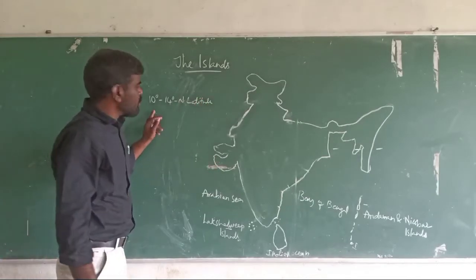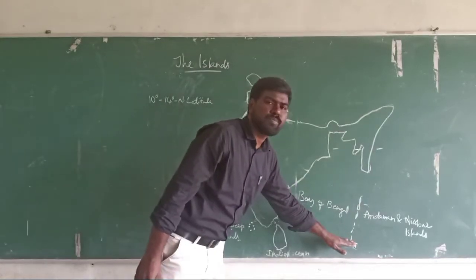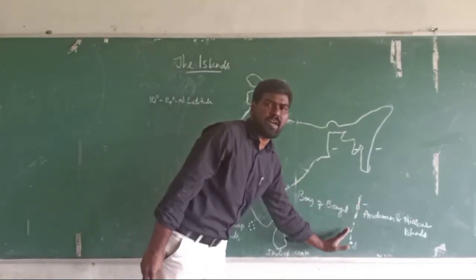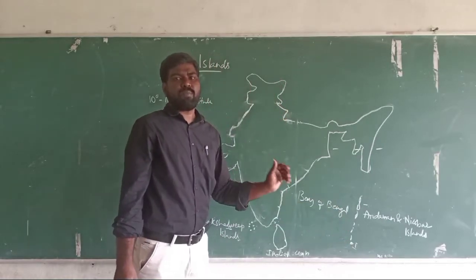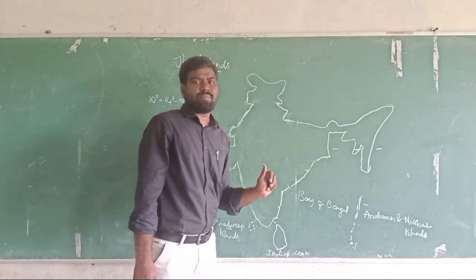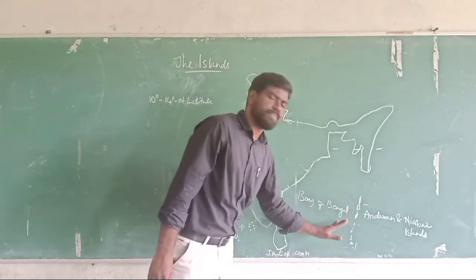They are situated between 10 degrees and 14 degrees north latitude. These islands are the elevated portions of the submerged mountain parts of Myanmar's Arakan Yoma.